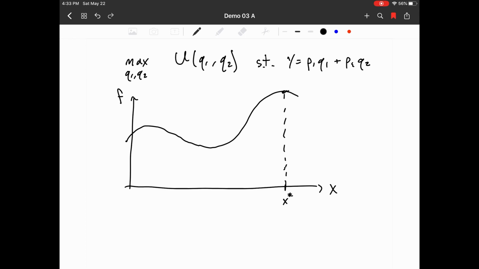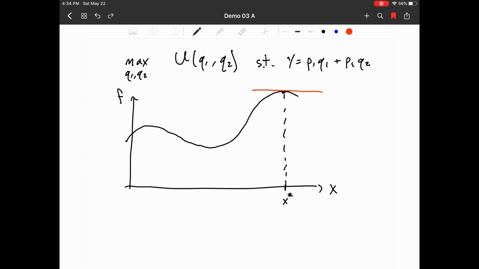So we want to find x star, and we're going to use our tools of calculus. So the first thing to do, as we all know, is to take a first derivative. And that's going to find the function which gives us tangent lines. It gives us the slope of the tangent lines at every possible x. And what we know about the maximum, as long as it's happening on the interior, is the maximum will correspond to a derivative with a value of 0.